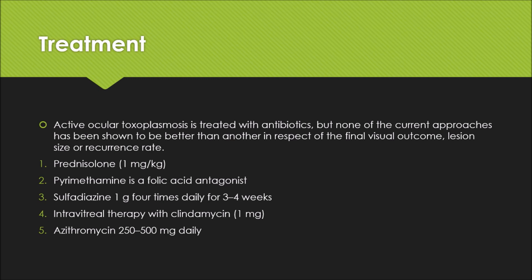Coming next to the intravitreal therapy with clindamycin 1 milligram and dexamethasone 400 micrograms, which may be as effective as triple therapy in reactivated infection. 2 to 3 injections at 2 weekly intervals may be required.